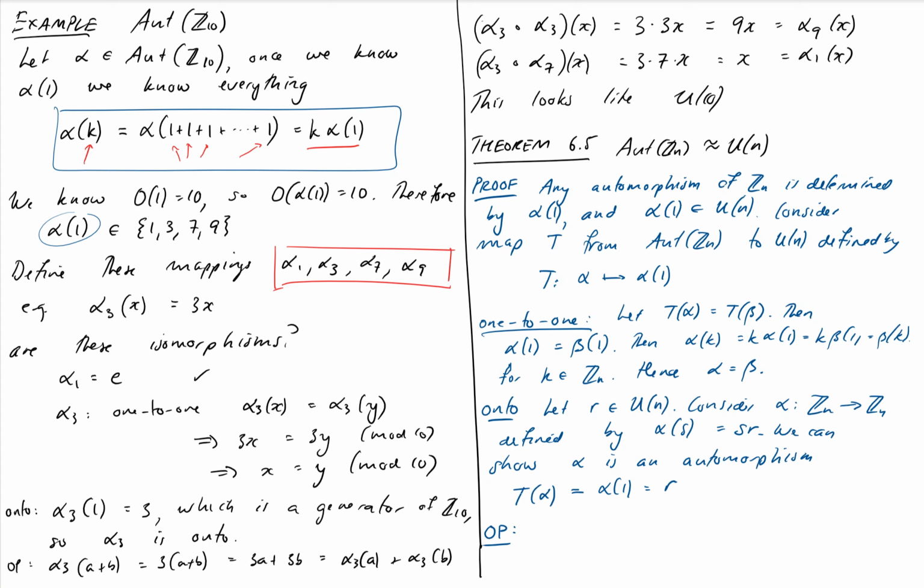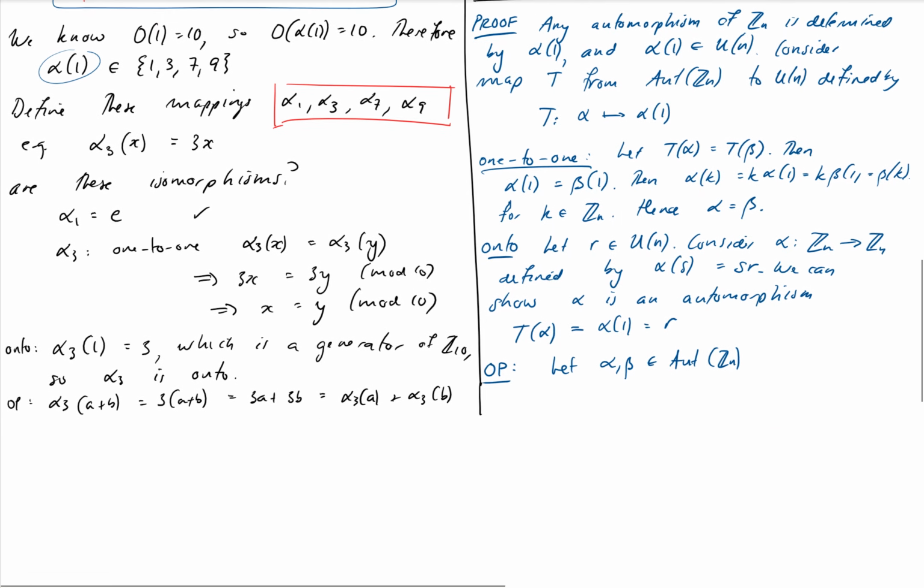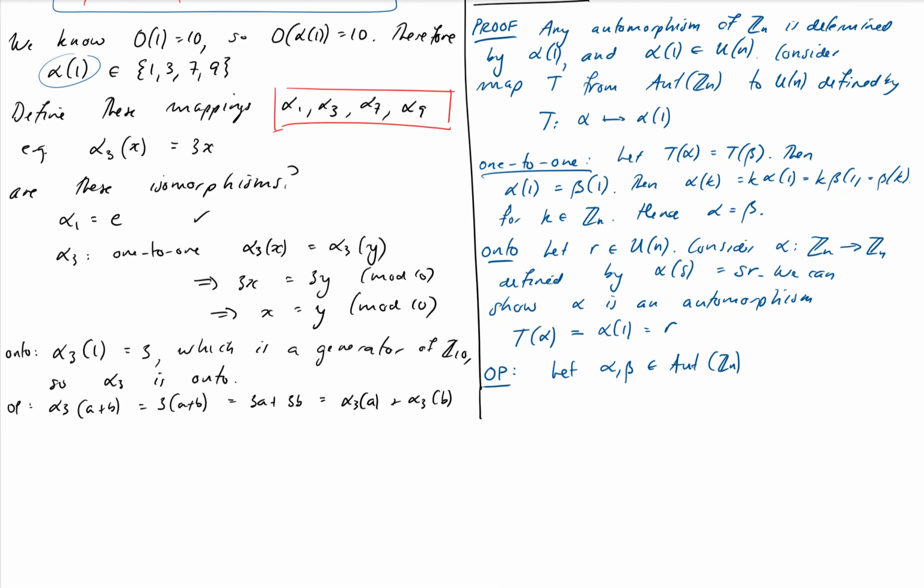So to show it's operation preserving, we choose two mappings in our automorphism group. We're now going to show that it gives us what we want if we compose them together. So if I take T of alpha beta, that is going to give me alpha beta of 1.